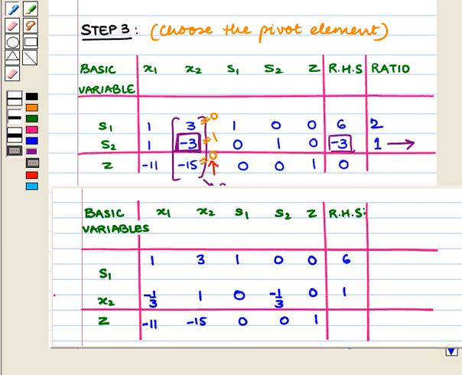Now to make other elements in the pivot column 0, we have to apply row operations on R1 and R3. R1 goes to R1 minus 3R2 and R3 goes to R3 plus 15R2.